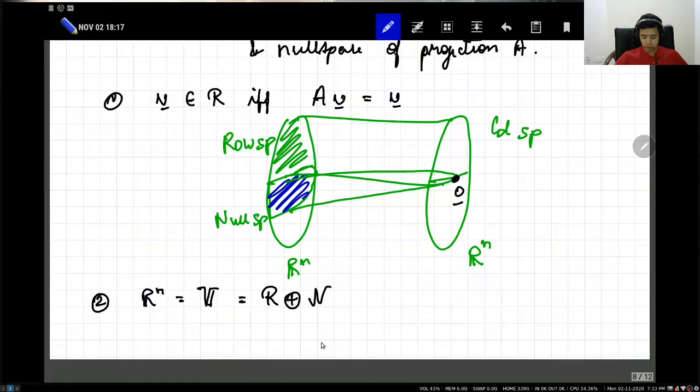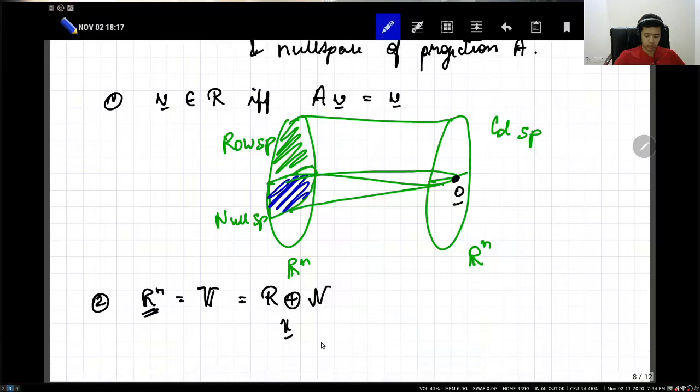Therefore you can write Rn, which is the entire vector space, as the sum of R and N. In this case, the range and the null space turn out to be independent of each other, because any non-zero vector in R and any non-zero vector in N can never sum to the zero vector.